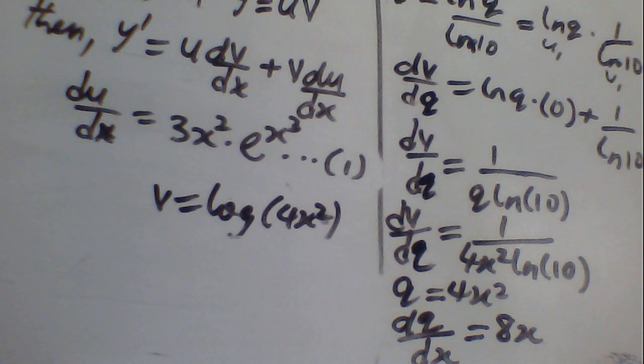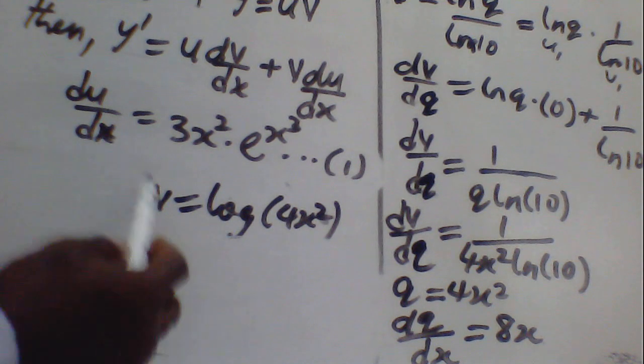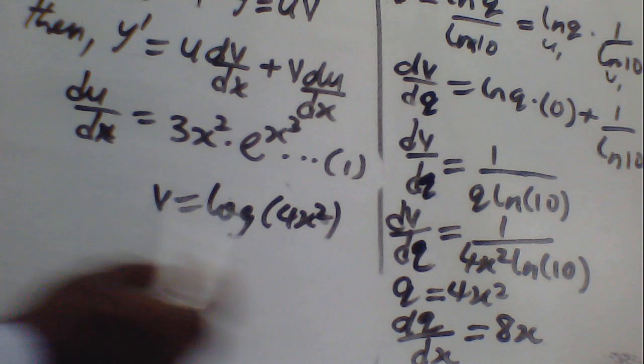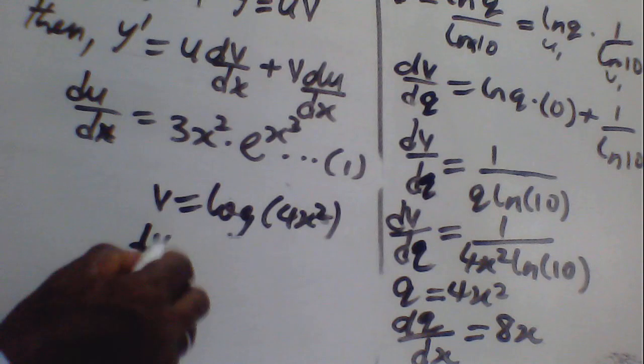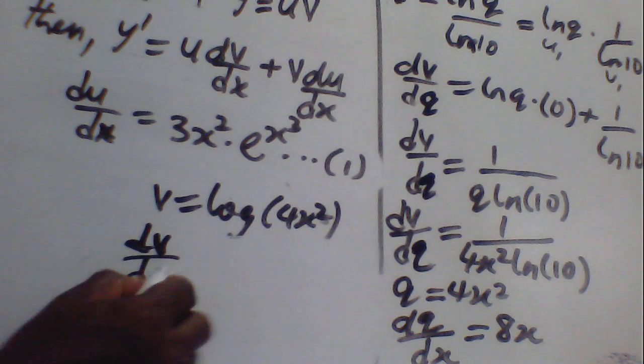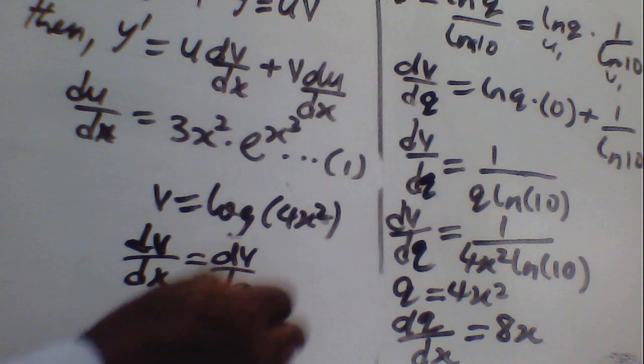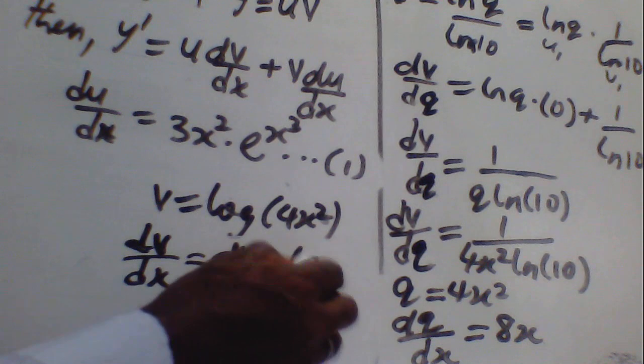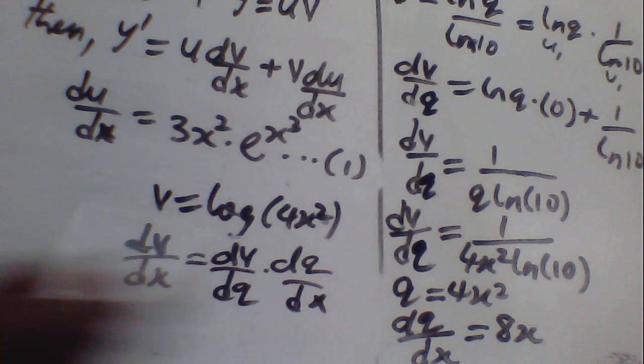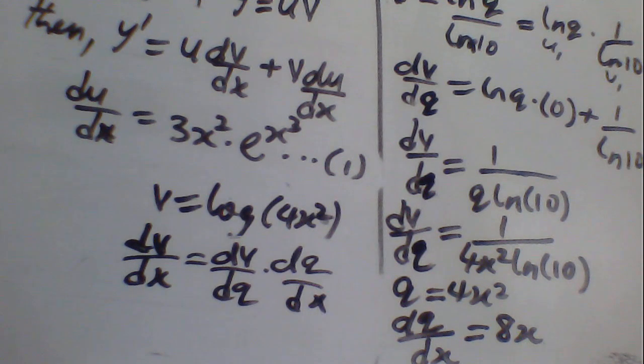We find dv dq, and then we also find dq dx, so that when we differentiate this function with respect to s, that is dv over dx, we have what? dv over dq multiplying what? dq over dx. It is now complete.